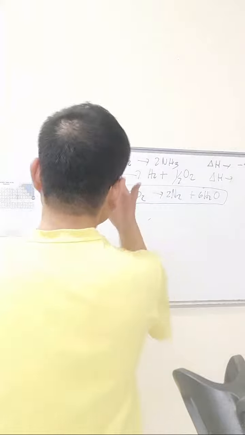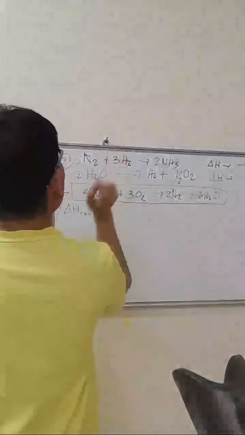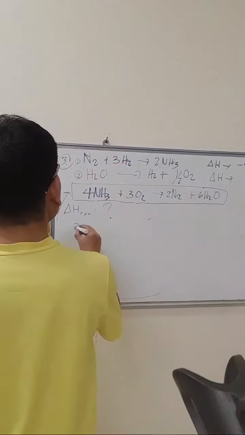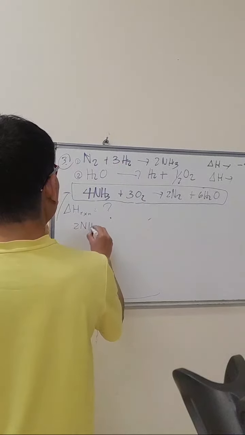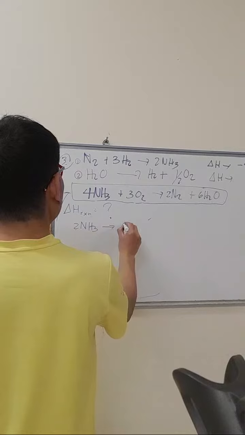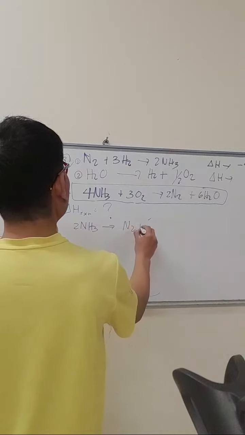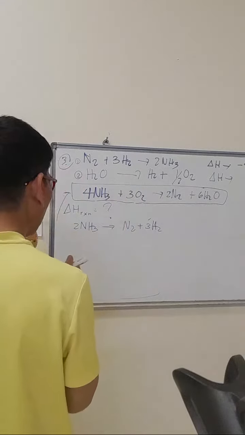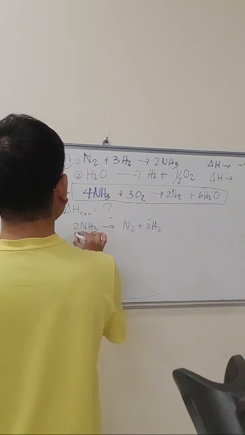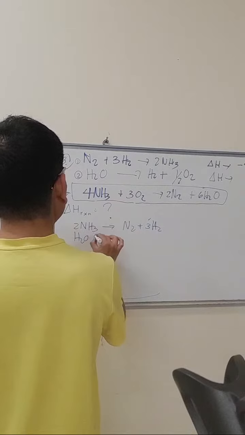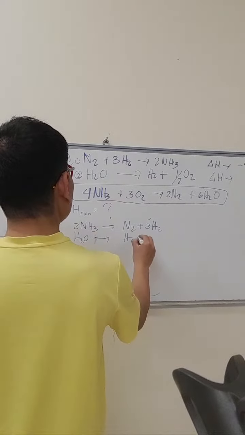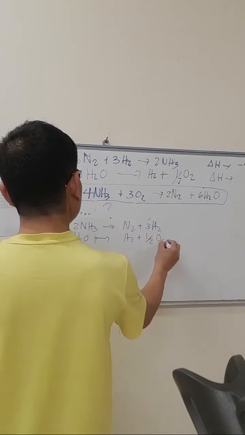Okay, let's say we reverse equation 1: 2 moles of ammonia is equal to 1 mole of nitrogen gas plus 3H2. Then add equation 2: H2O is equal to H2 plus 1/2 mole of oxygen gas.